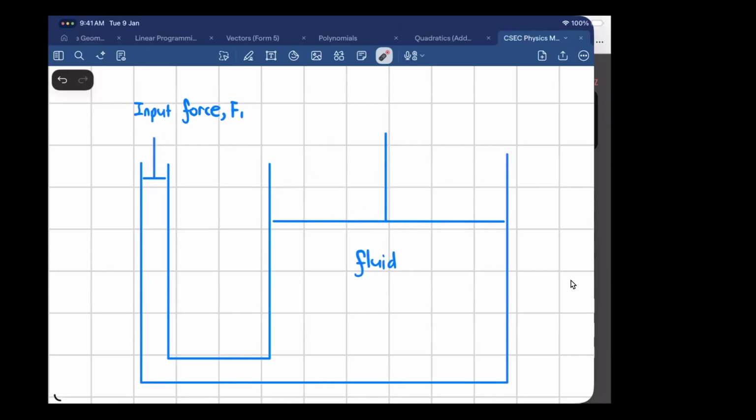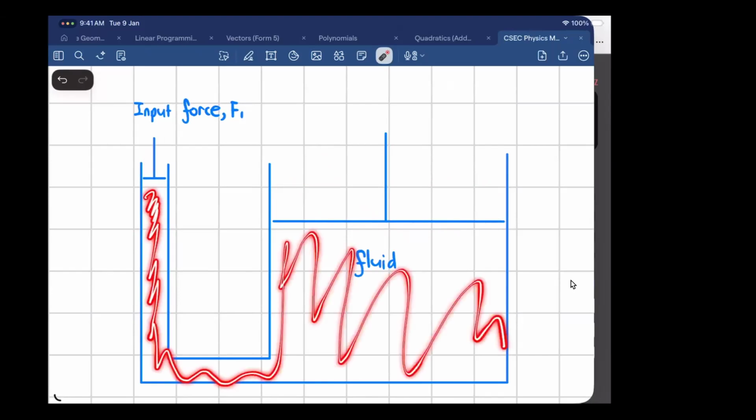So my question is, the pressure felt on this side, wouldn't it be the same pressure felt on this side? Because if you're applying a force here, wouldn't there be a pressure acting down on the fluid? Wouldn't that be the same pressure acting on this as well?